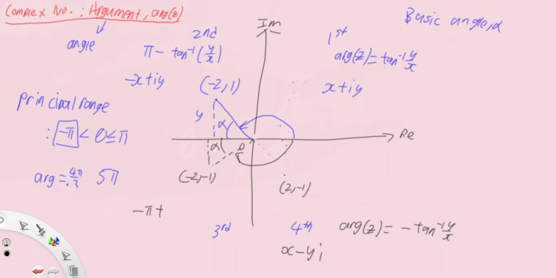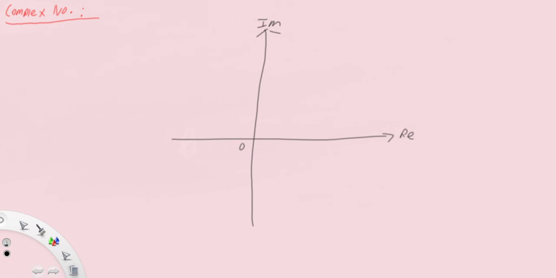Minus pi from here to here, then you come back with your basic angle. So the argument for the third quadrant in the principal range is minus pi plus tangent inverse y over x. Again, the third quadrant is minus x minus iy. That is how you calculate the arguments of a complex number with respect to their basic angle and the quadrants they lie in.